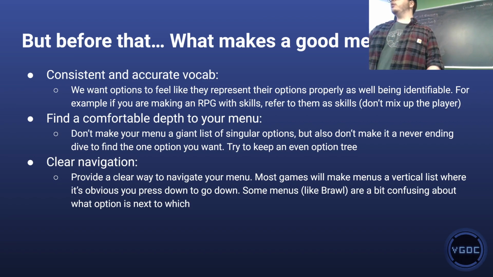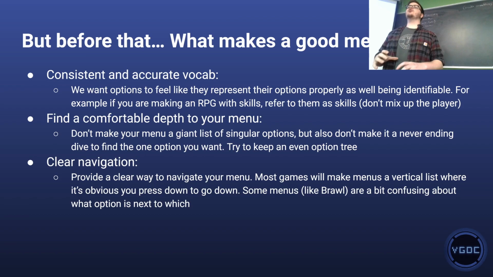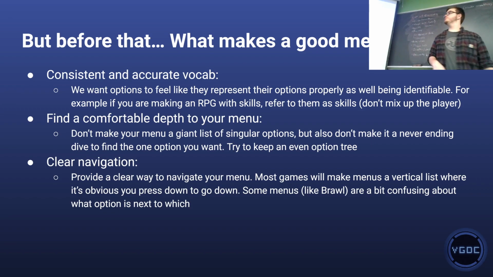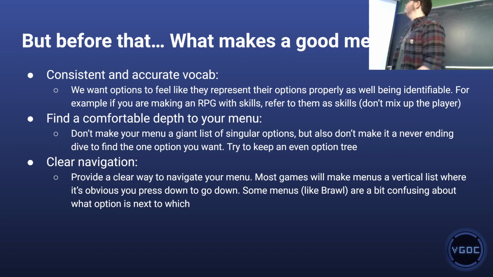Your Pokemon are going to be called Pokemon. They're not going to be called creatures somewhere, or monsters. They're always going to be called Pokemon. They're always going to have skills. They're always going to have, what's the thing for the amount of moves you have left? BP. All the terms are consistent in what they correspond to. So make sure you're consistent in your vocab.